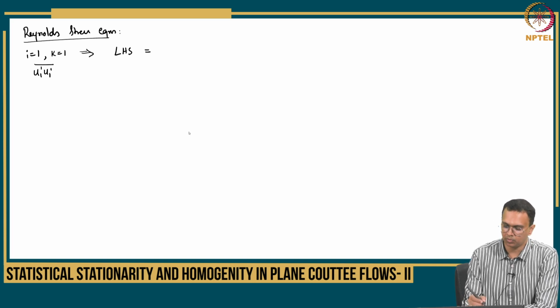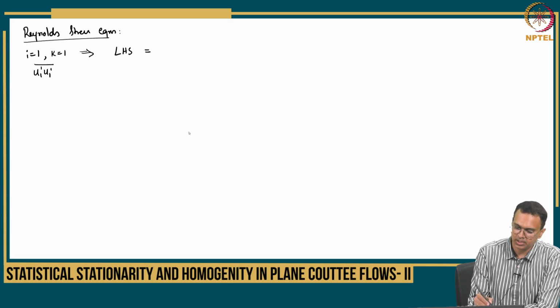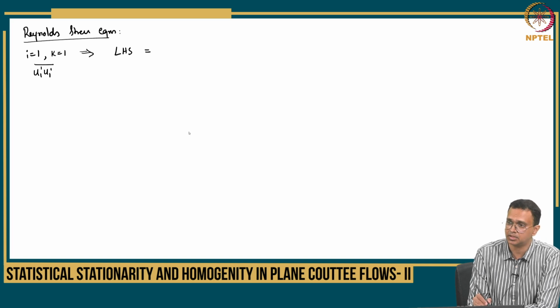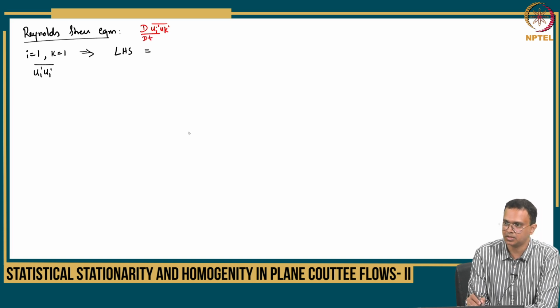Before this I can write this Reynolds stress equation symbolically, if you are familiar with the substantial or material derivative form. One can write d of ui prime uk prime by dt. You are familiar with this, I think, all of you.